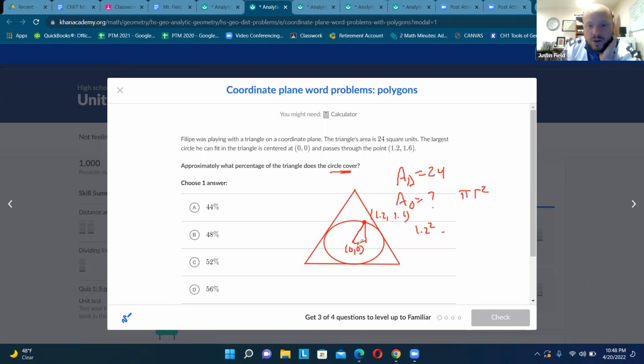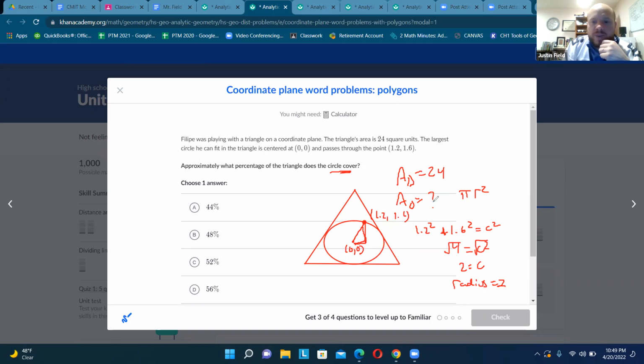So we're going to do a quick little Pythagorean theorem because those are horizontal and vertical distances. And our answer will be the radius. So 1.2 squared plus 1.6 squared is 4. It's amazing. So c squared equals 4, which means c equals 2. So the radius is 2.